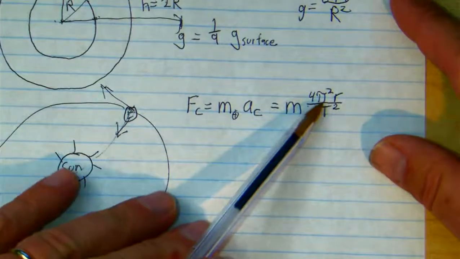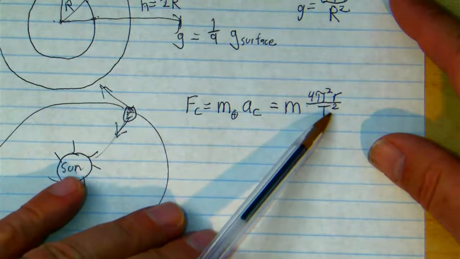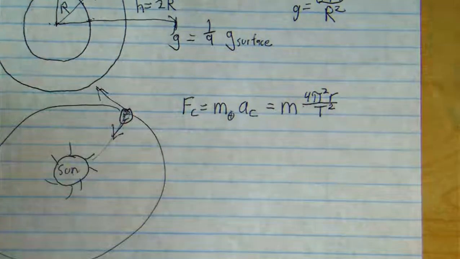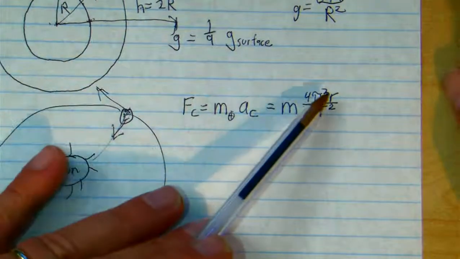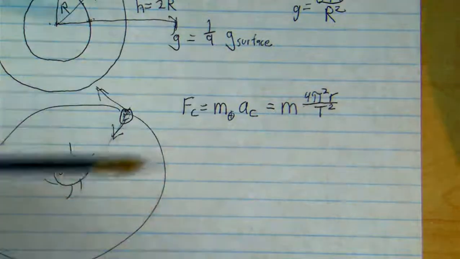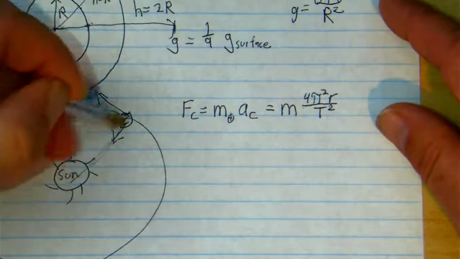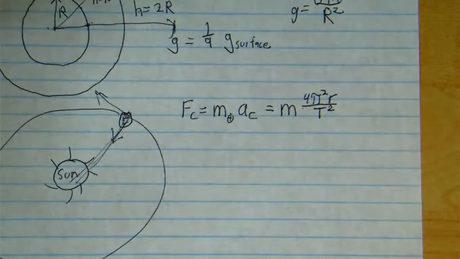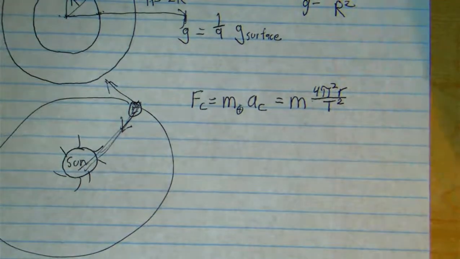So, two things to not get confused about. There is the radius of the Earth, which is 6,378.14 kilometers on average. And then there's the radius of the Earth's orbit, which is what we need in this situation. They're both radius, that's true. They're both radii. Don't mix them up.